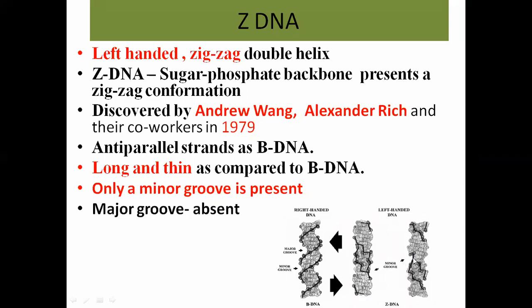Only the minor groove is present in ZDNA, and that is one of the major differences between BDNA and ZDNA. In BDNA there are two grooves, a minor groove and a major groove. But in ZDNA only a single groove is present, the minor groove, and the major groove is absent.